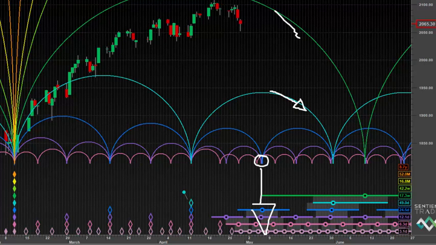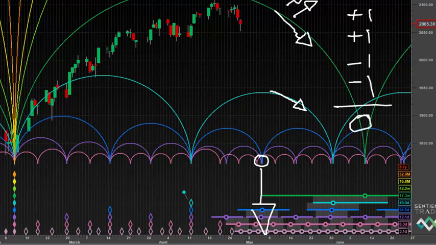The 20-week cycle will have turned down. The 40-week cycle is going up. Okay, and the 18-month cycle is also going up. So we get a +1 for the 18-month, a +1 for the 40-week, a -1 for the 20-week, and a -1 for the 80-day, gives us a grand total of 0. We have a 0 underlying trend.